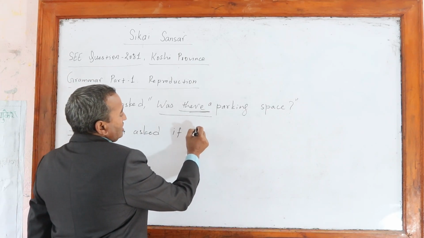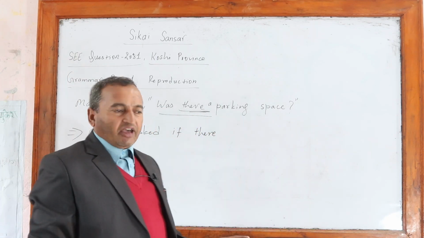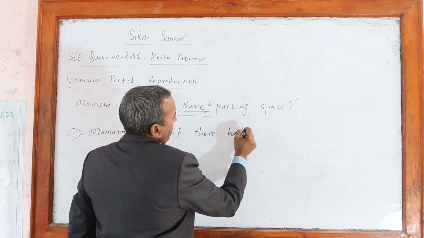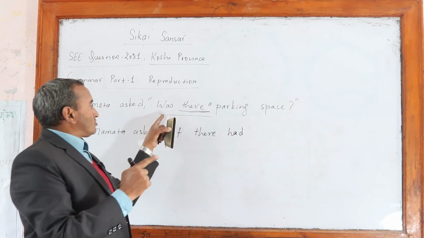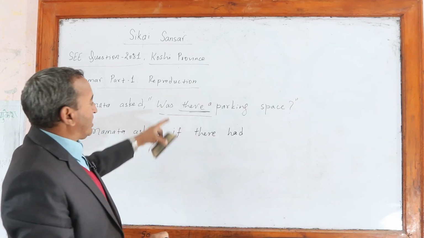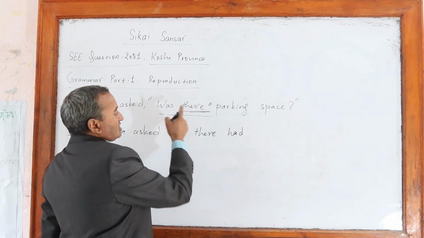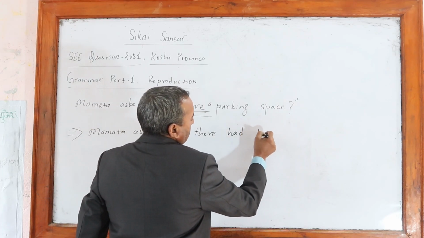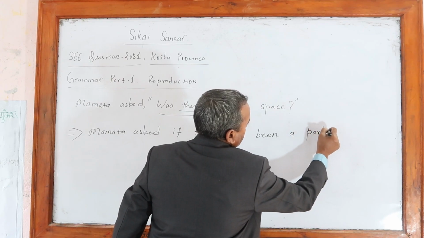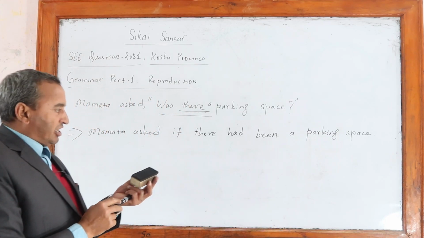So, if there. Now we have to change this verb tense into past perfect. So if there had, was is the be verb, and it is changed into been: be, was, been. So if there had been a parking space, and finally a full stop is placed there.